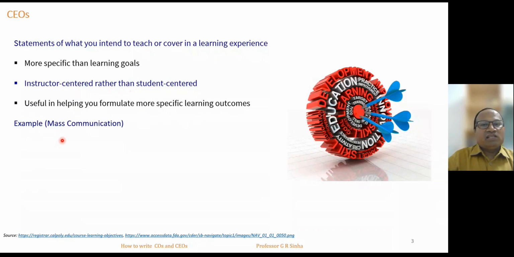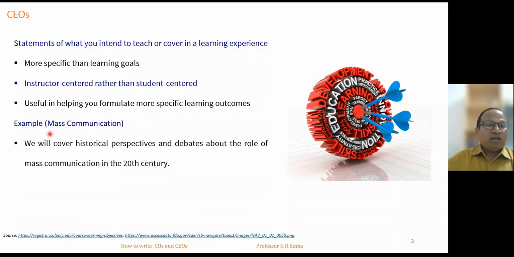Let's not talk about only engineering, computer science engineering, or any engineering. The course educational objectives and outcomes will be there for all the disciplines, all the programs, all the courses, be it engineering, science, or arts related courses. So let's talk about mass communication. We will cover historical perspective and debates about the role of mass communication in the 20th century.